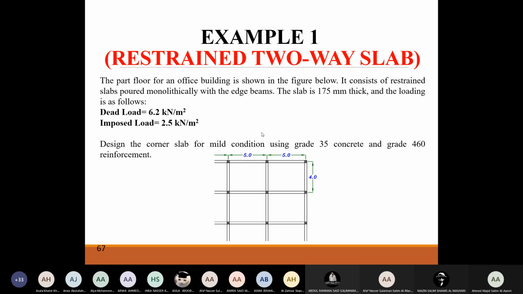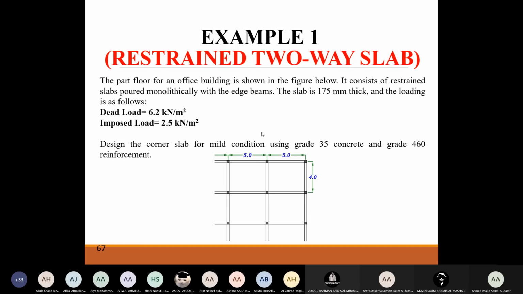If you see your vertical element, which is a column or the wall, it is supporting your beam or your slab, and then there is the weight of the element which is going down. If it's only simply supported, there will be an uplift force. So that's why normally we don't recommend using the simply supported case. But wherever there is a simply supported case, you need to consider it as it is.